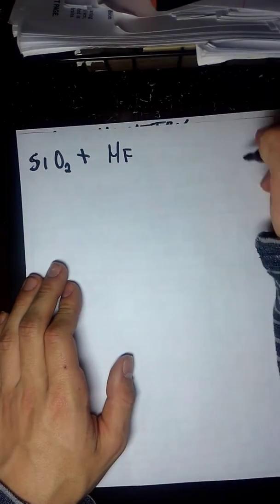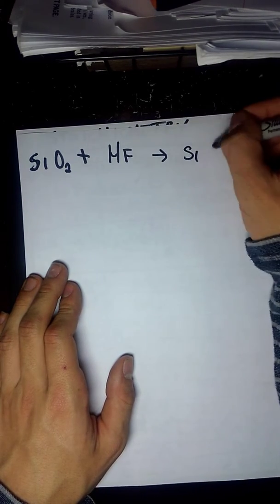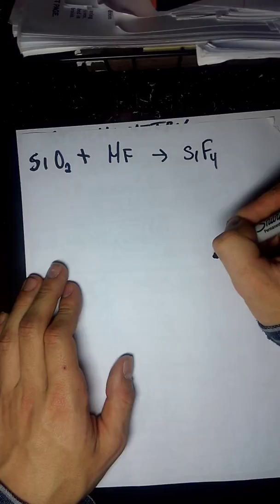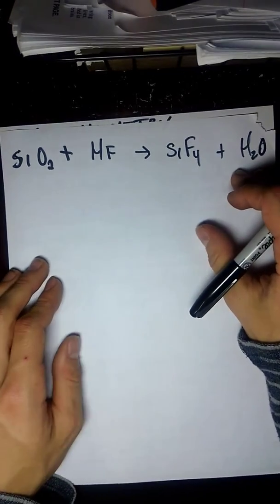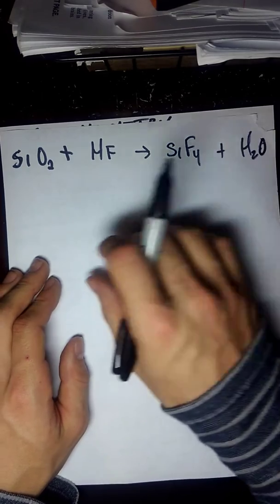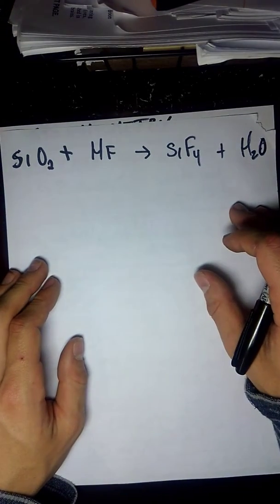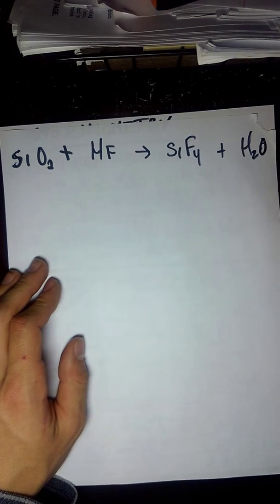I'm going to get silicon tetrafluoride plus H2O. And you can write the states of matter, and it's good practice to write them out, but you really don't need to in this situation, because it's just going to get crazy. But I basically can write all that out.